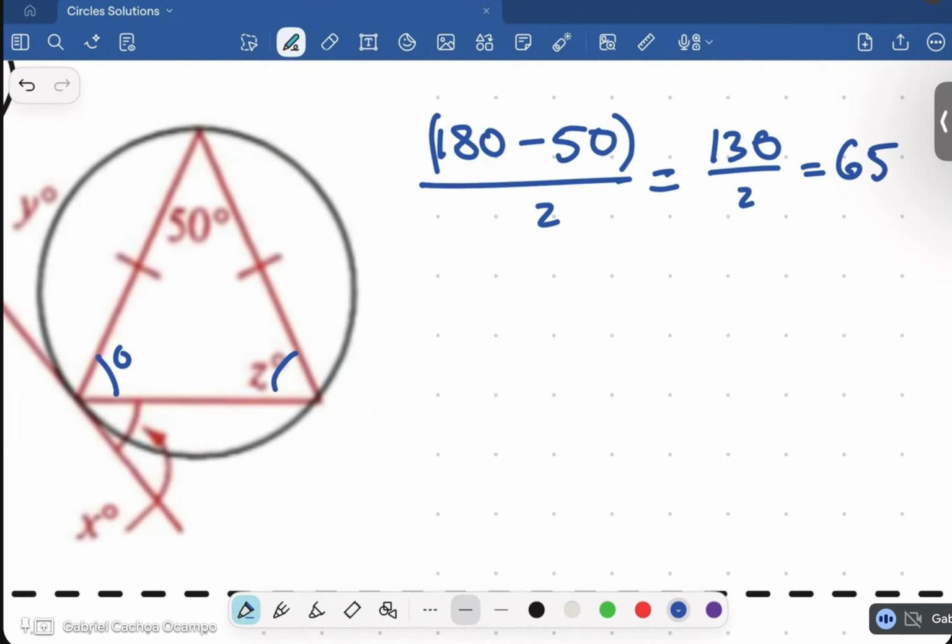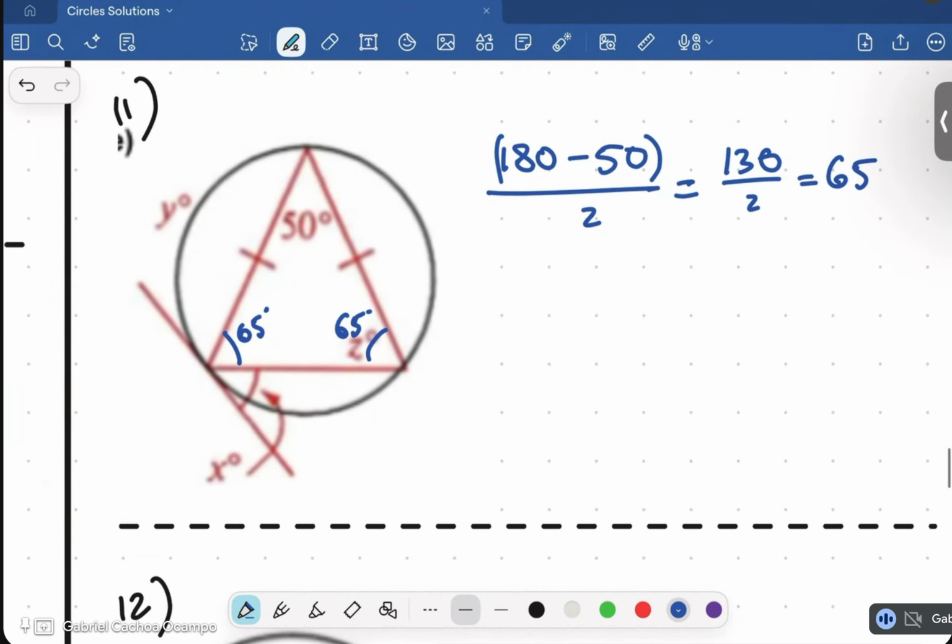So each of these angles measures 65. Okay, so C measures 65, and please observe that Y is the arc inscribed by Z, so Y measures 130.